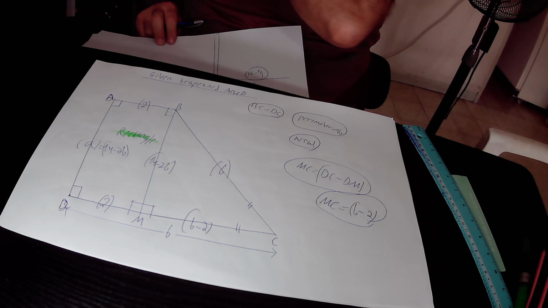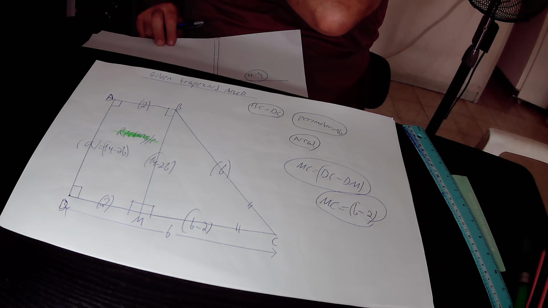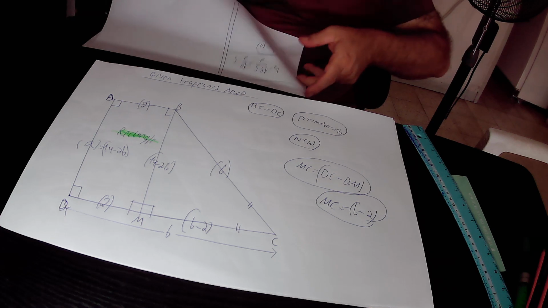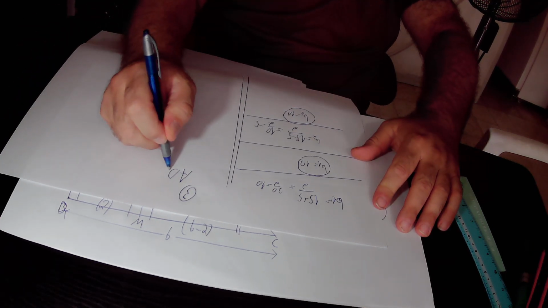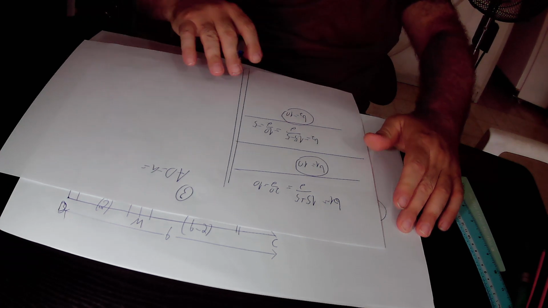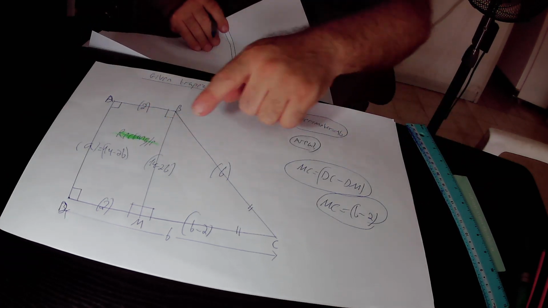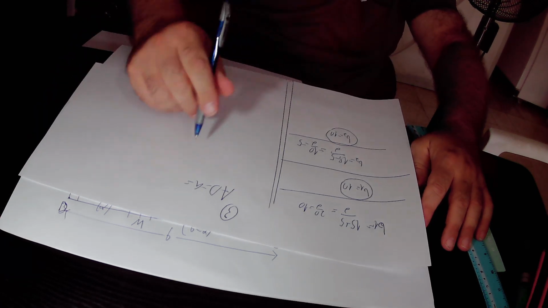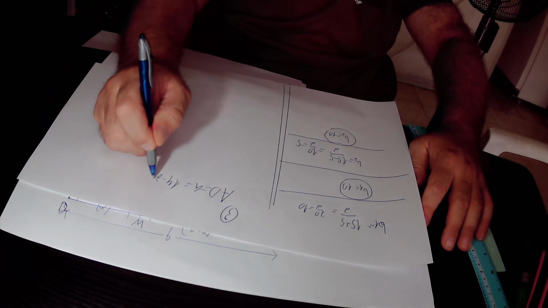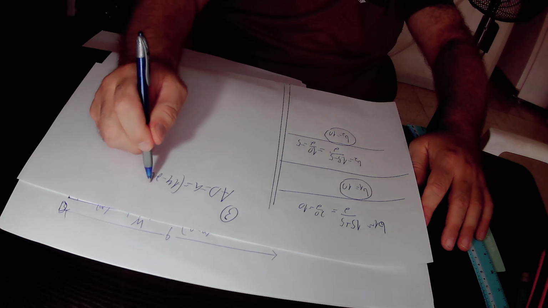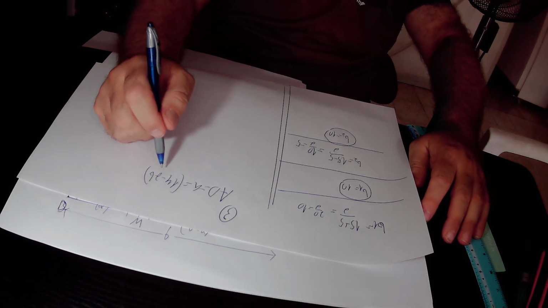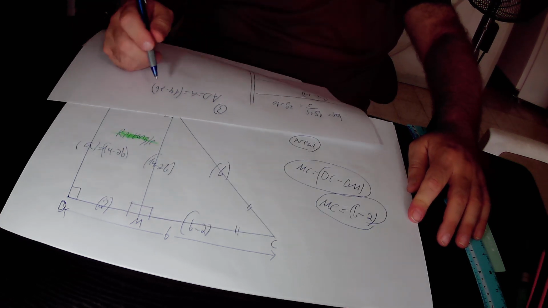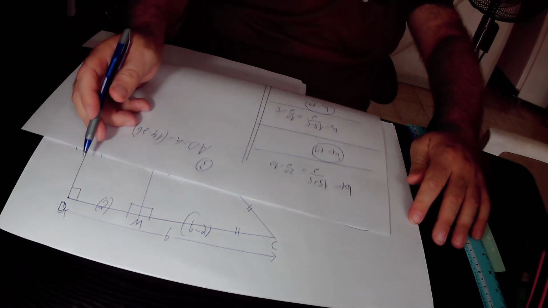AD is one side of trapezoid ABCD, and we know that the length of AD is a. AD equals a units in its length, and a itself equals 14 minus 2b. The expression 14 minus 2b is the expression for the length of side AD of trapezoid ABCD.